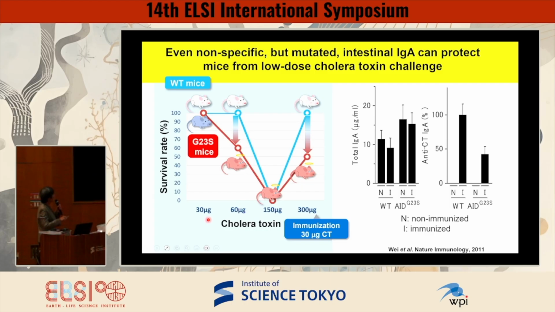But half of the G23S mice died at 60 microgram. It is reasonable because they do not have a high quality IgA.